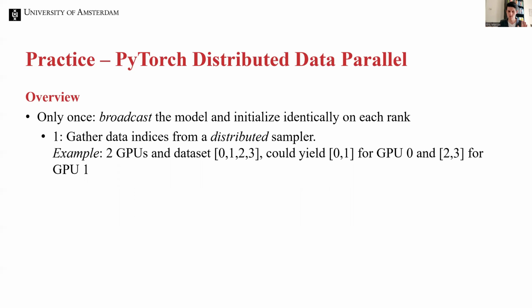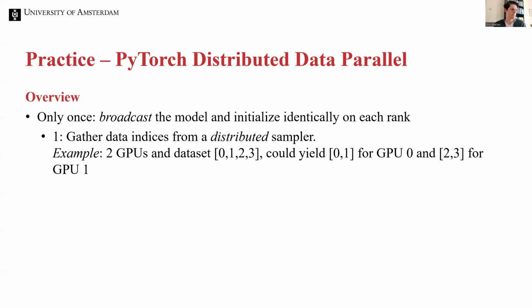We're just going to copy paste it everywhere, and we're going to make sure that everywhere it's initialized exactly the same. And then you can already guess that at some point we'll probably update it, but we don't have to keep copying the model back and forth between ranks, because we can just locally update it, and that will save us a load of communication overhead, which is absolutely magnificent.